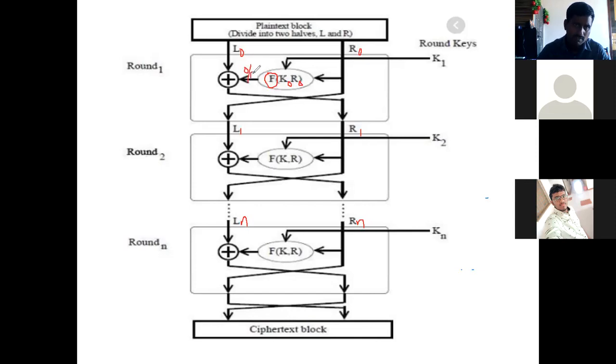After performing this, we get an output. You can observe the left half part, and with this output we perform XOR, exclusive OR, on both. The result of this exclusive OR is given as input to the right hand side.